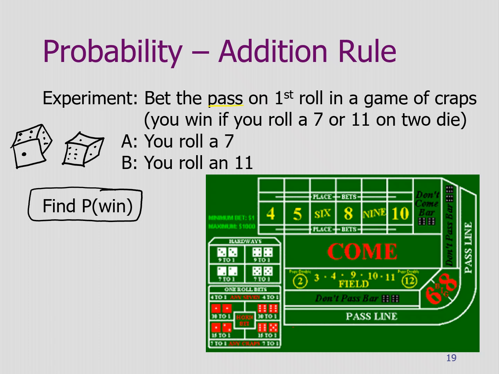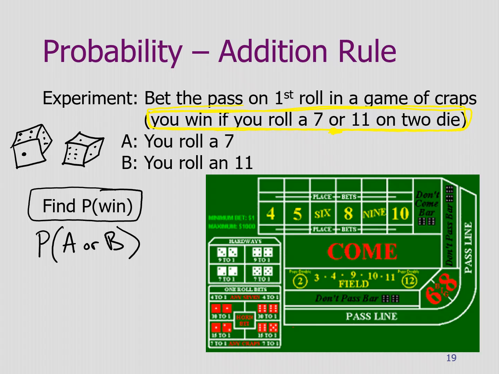I'm telling you, this is a win: you win if you roll a 7 or an 11, either one. So we're looking for the probability of A or B. A winning roll is an A or a B.